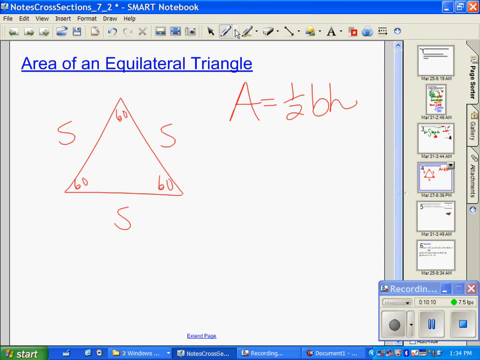So what I'm going to do is use our previous knowledge of 30, 60, 90, and I'm going to split this triangle by drawing my right triangle, and I have a 30, 60, 90 triangle. So for my 30, 60, 90 triangle, remember if I split this, I know that this is going to be S over 2, or 1/2 S. My hypotenuse is 2 times that amount, which is S over 2 times 2 is S, so that worked.